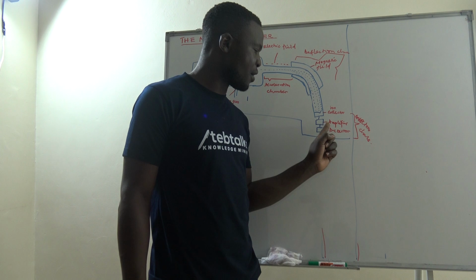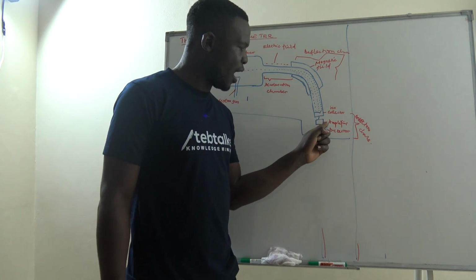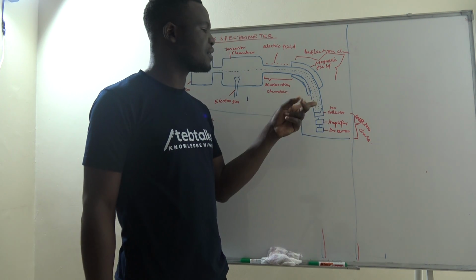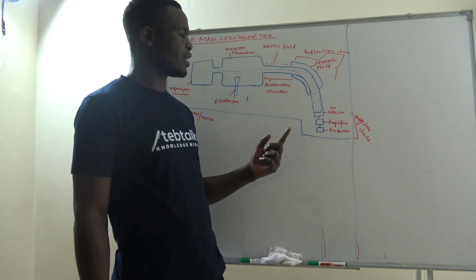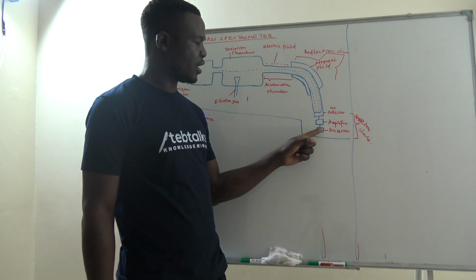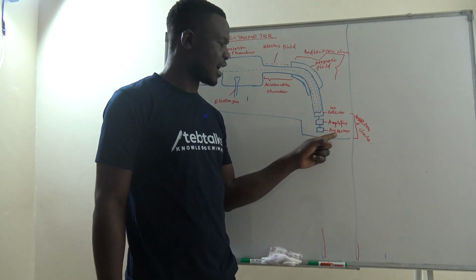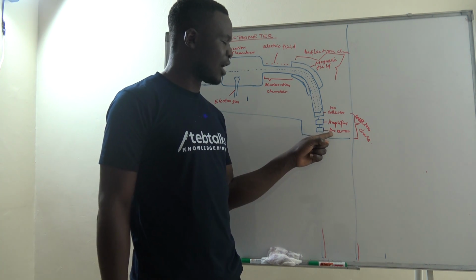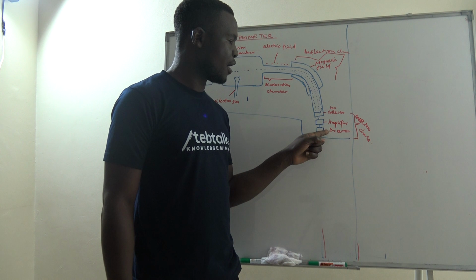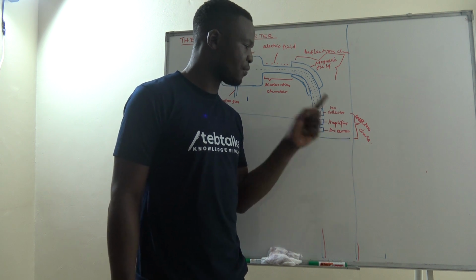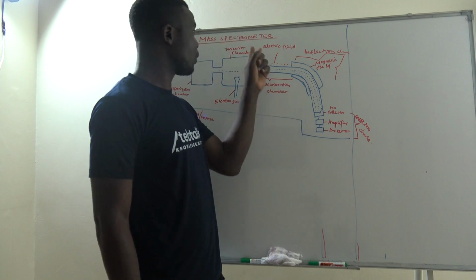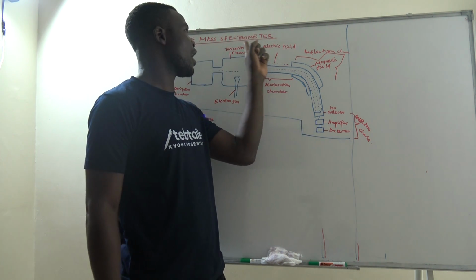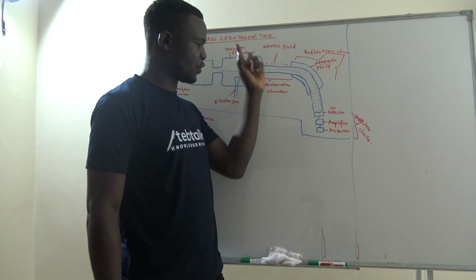This amplifier steps up the current, increasing it to a sizable current that can be detected. And now this recorder draws a graph on a screen. And this graph is what we call the spectrum.